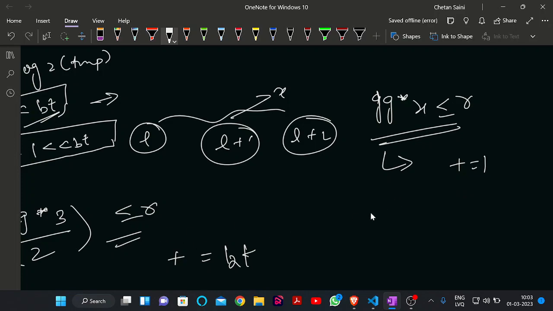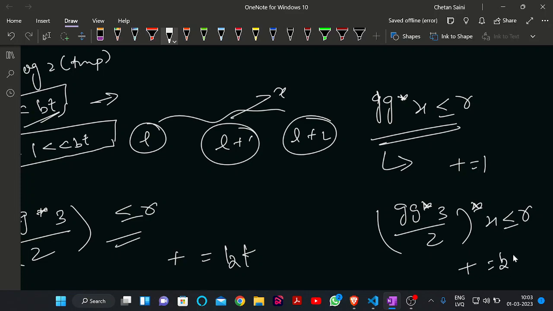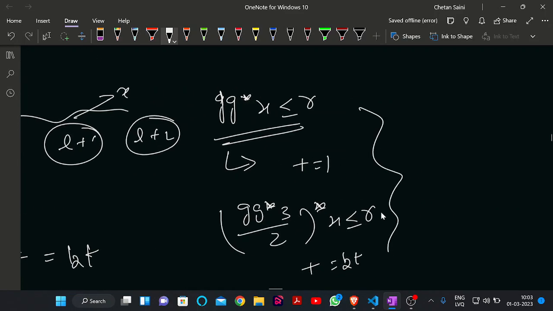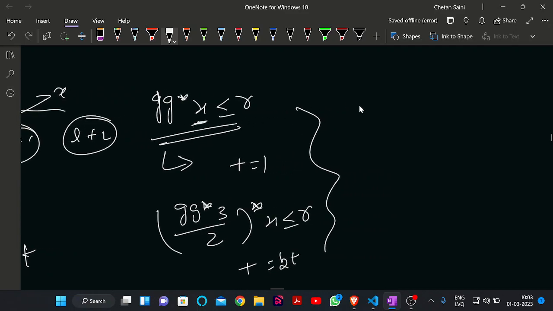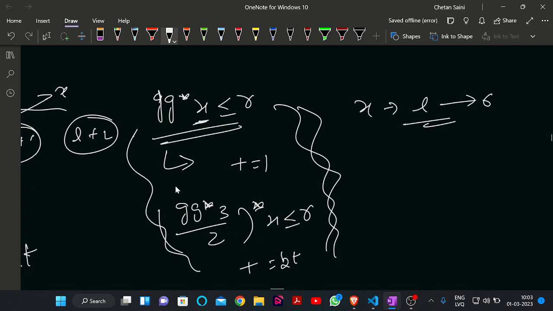And if GG into 3 divided by 2, this with x, is less than R, then we will increase with bt. So there can be a brute force for this, where we increase x from L to R and check every time, and finally print our total answer.